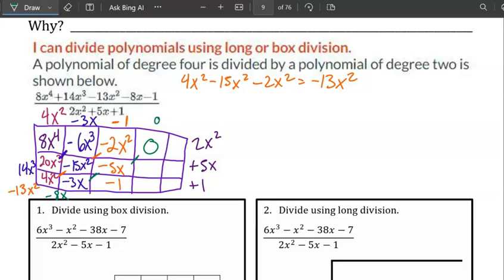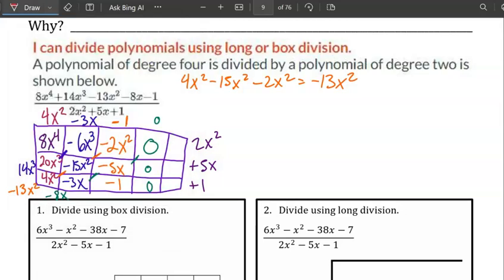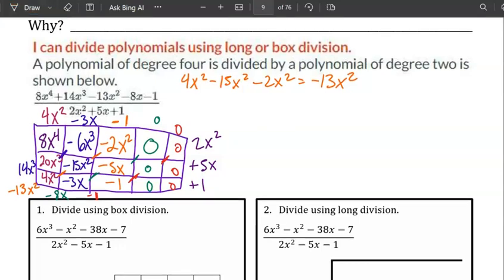Since there's 0 there, the rest of those are going to be 0. And then for the last one, the sum of these 3 needs to be a negative 1. It's already negative 1, so let's put zeros here. There's no remainder on this one. So your quotient is 4x squared minus 3x minus 1.